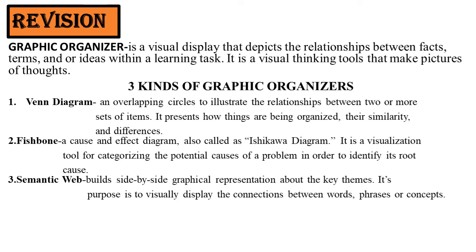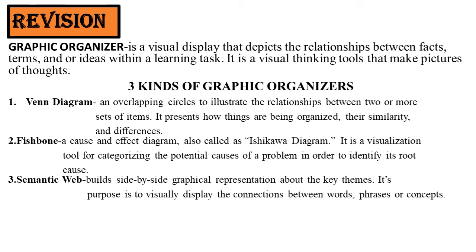And there are 3 kinds of graphic organizers. We have Venn diagram. It is overlapping circles to illustrate the relationships between 2 or more sets of items. And it presents how things are being organized, their similarities, and differences.